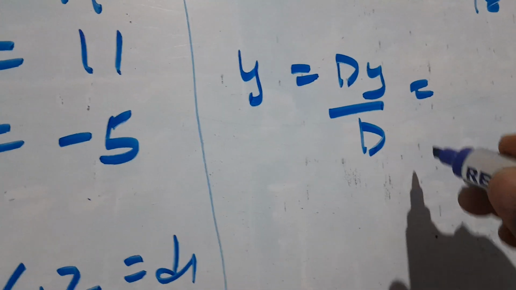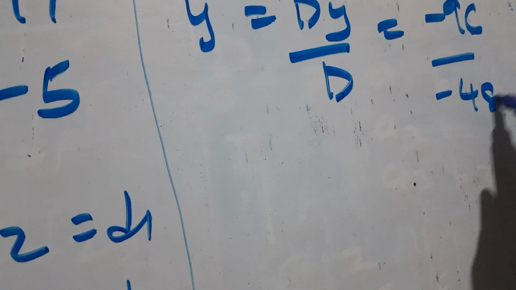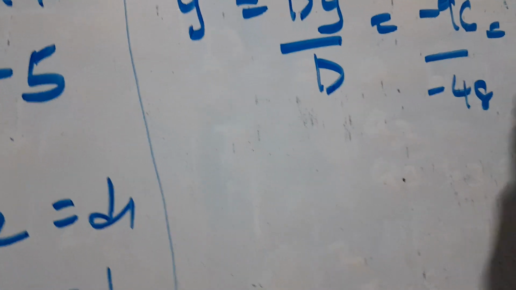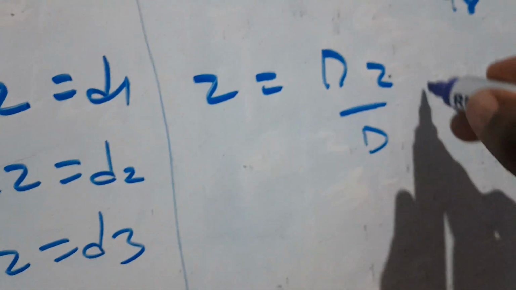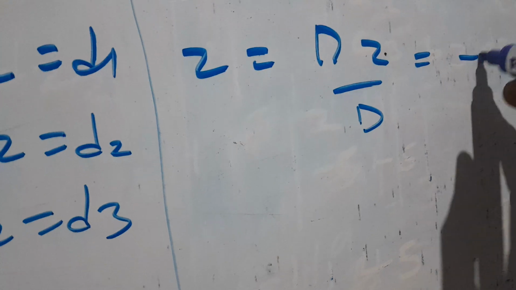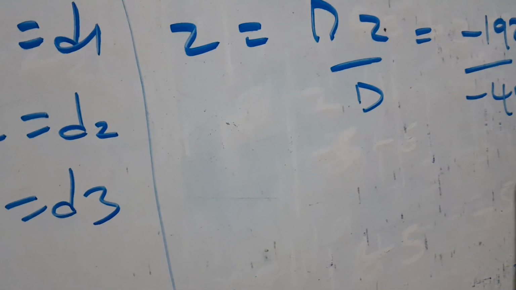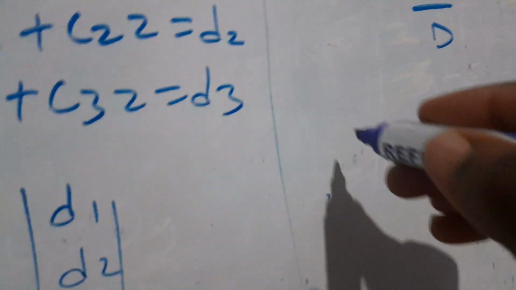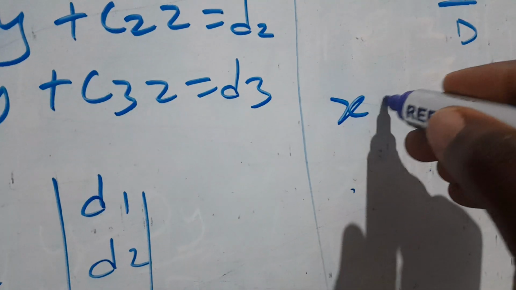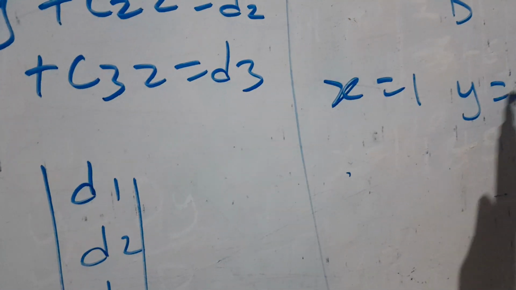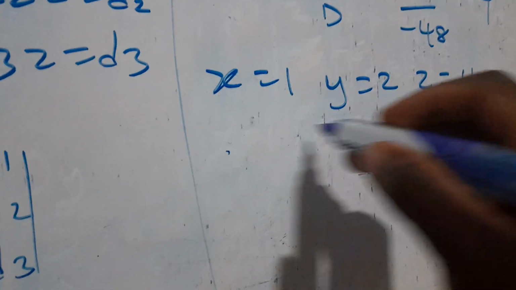Our dy was negative 96, and our d was negative 48, and then our y becomes 2. Our z will be dz over d. dz is negative 192, and our d is negative 48. Our z value becomes 4. Now, using Cramer's rule, we have found out the value of x to be 1, the value of y to be 2, and the value of z to be 4.